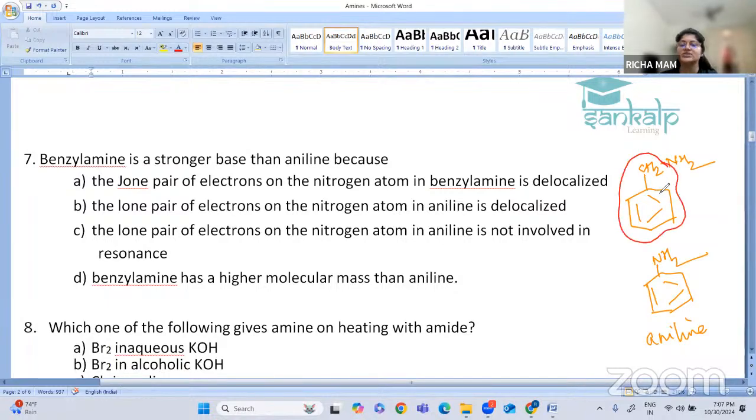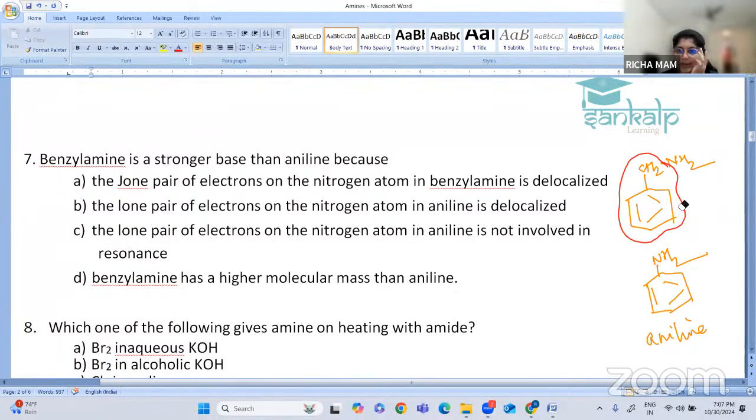Benzene with CH2 is a benzyl group. So benzylamine. Benzyl alcohol is written as CH2OH, and benzyl chloride has Cl. Benzyl means benzene with CH2.